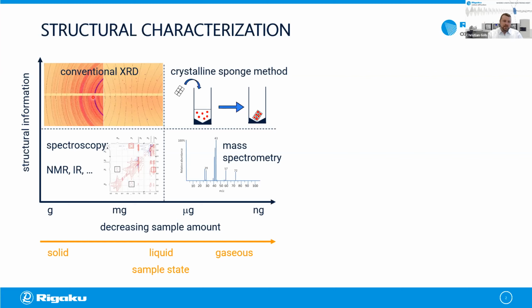This works in a way that you have a solution of your analyte molecule, as you see here, the red dots. You add in a framework type of crystal with some vacancies, and the vacancies can later be occupied with your analyte molecule and then be subjected to single crystal X-ray diffraction.